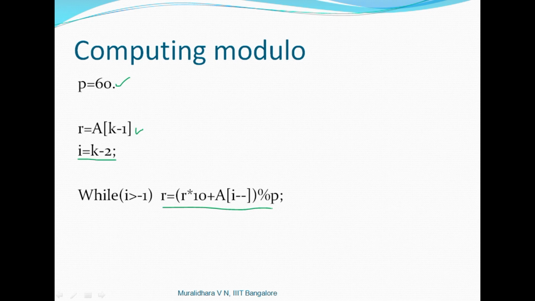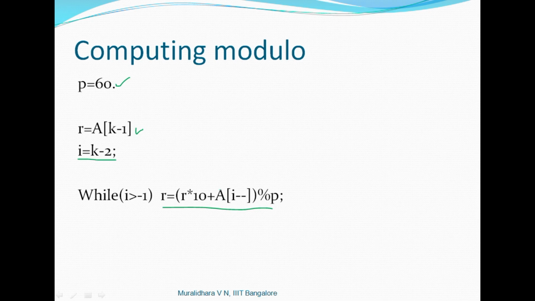So if I give you the k-digit number, you can store it in an array of size k. Then if I give you a small number p, an integer smaller than 2 to the power 64, you can just multiply r by 10 and add the next digit.